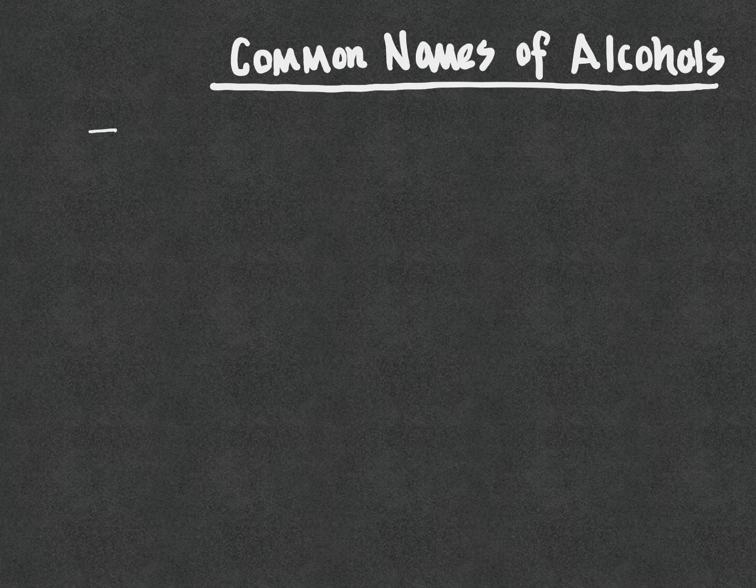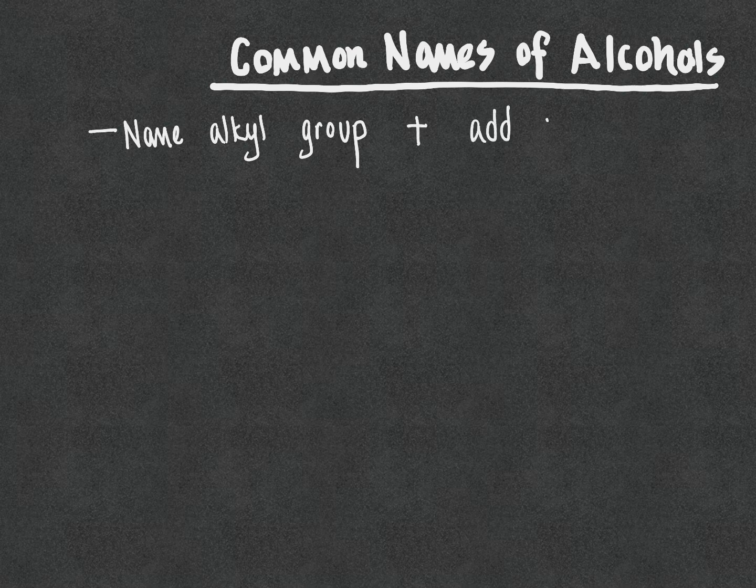So the way that we name these commonly is name the alkyl group, and after naming the alkyl group, such as ethyl, methyl, isopropyl, tert-butyl, tag the term alcohol on to the end of that name as a separate word. Let's look at an example of this.